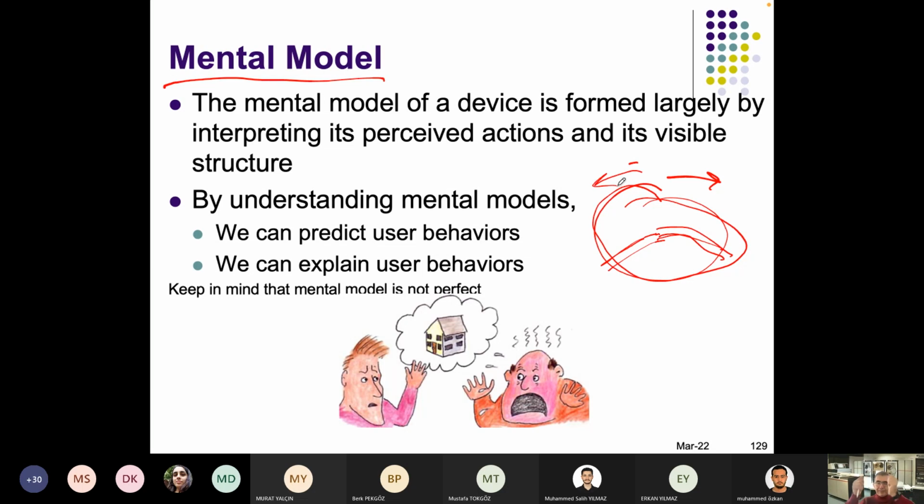So left, right is mapped onto the behavior of the vehicle. Your mental model says, in order to go to the right, you need to turn to the right. Fine. No problem. I'm happy with it.